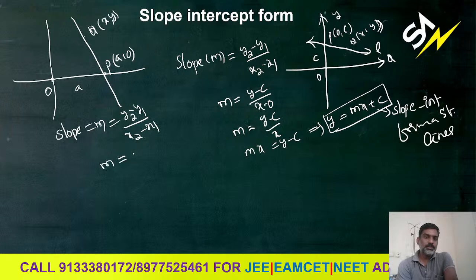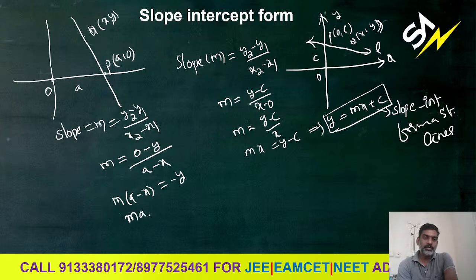So m is equal to 0 minus y divided by a minus x. If you send that side, m times a minus x is equal to minus y, then ma minus mx is equal to minus y. Simply y is equal to m times x minus a.